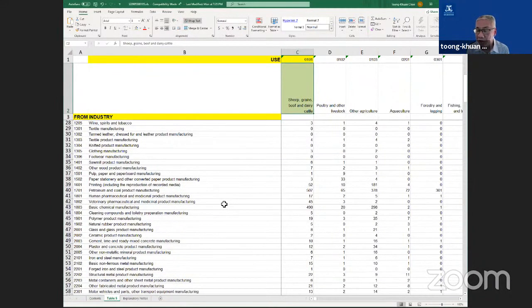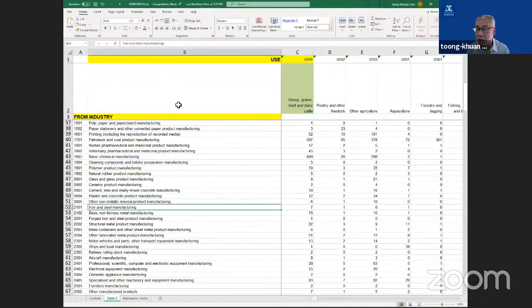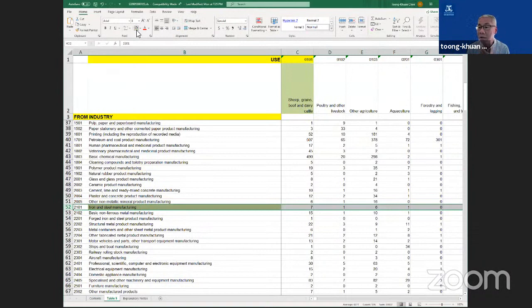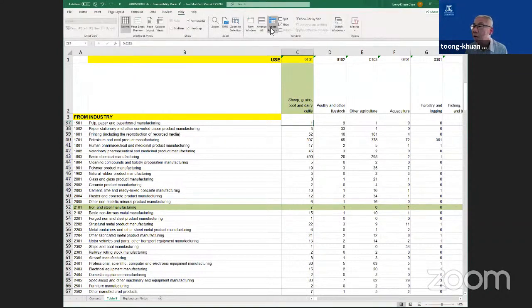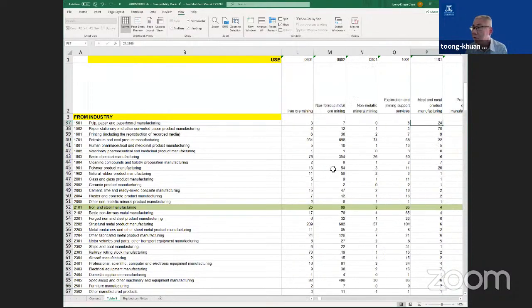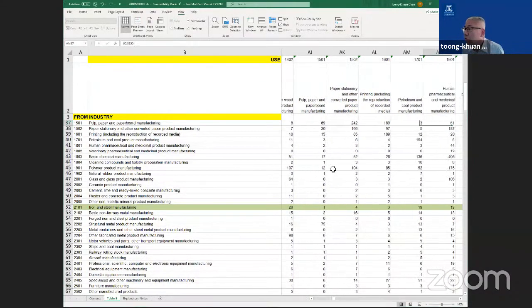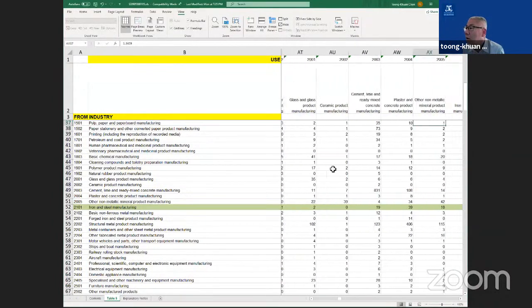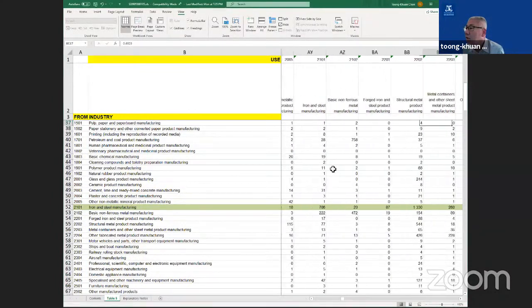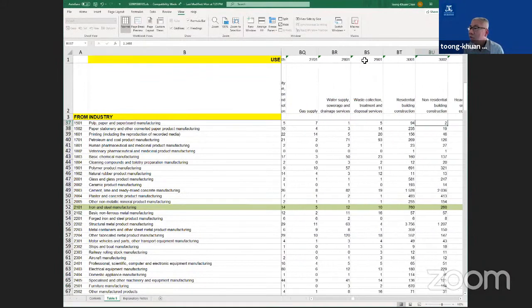Okay, so if you are interested in steel into construction, let's look at steel. I'm going to highlight this entire row. Okay, so that's steel. I will have to freeze panes. Am I frozen? Yes, I think I'm frozen. Now I'm going to look for construction. 3000, I think construction is, okay. So we look at 3001.